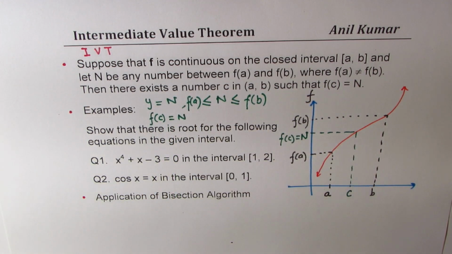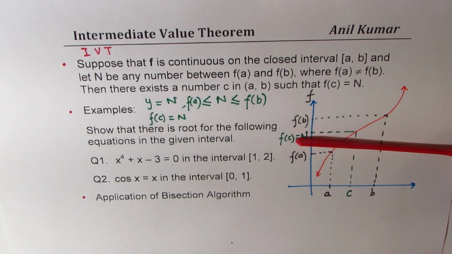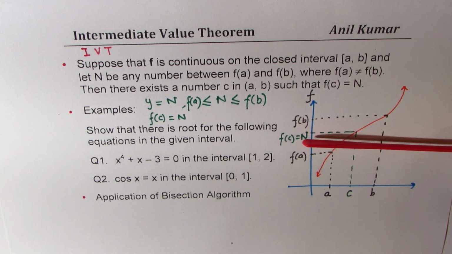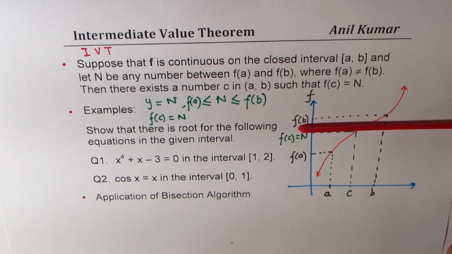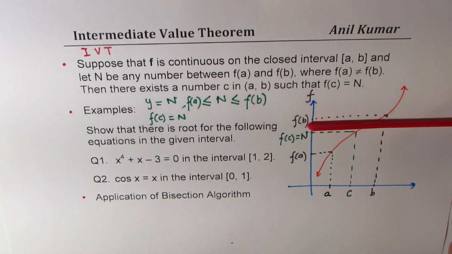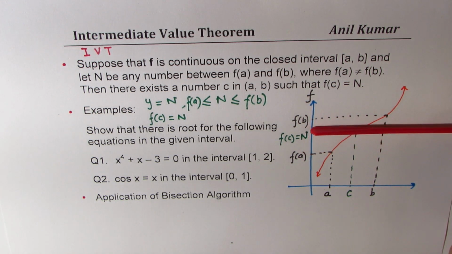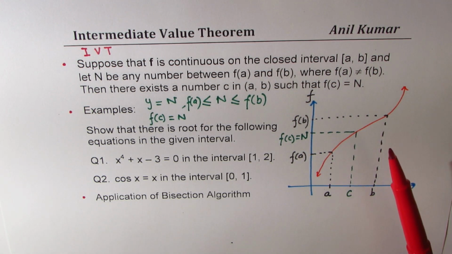That is what the theorem is. So if I have this horizontal line y equals n in between f(a) and f(b), and I move it, it is going to intersect the graph definitely, right? So I hope that concept is clear. And it is only valid for a continuous function in a closed interval. Perfect. So let's go through the theorem itself now.